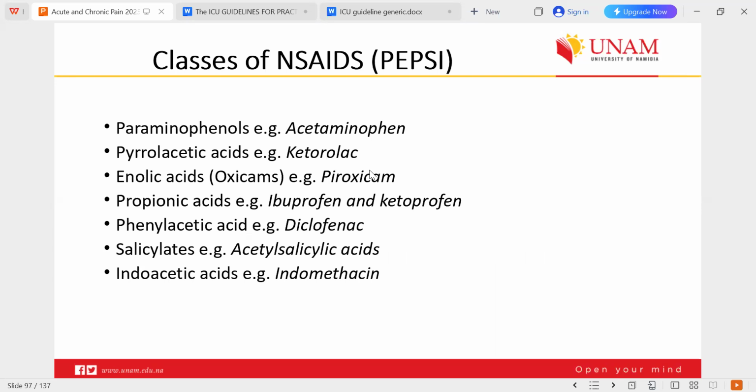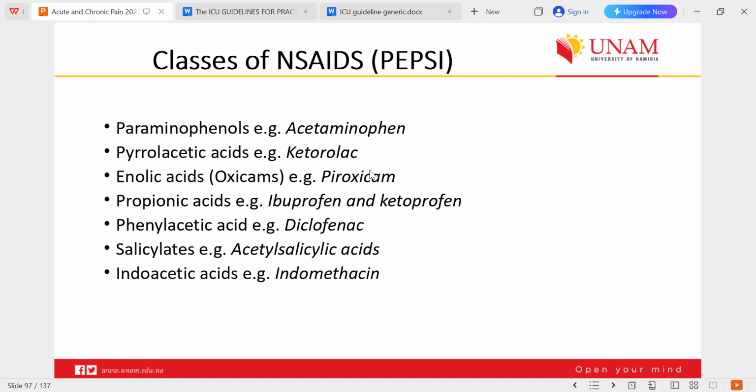There are 3 different types. Like I said, sometimes acetaminophen, paracetamol, is not considered an NSAID. Then we have the ketorolac, piroxicam, and what have you. These are COX-1, they are not specific COX inhibitors.